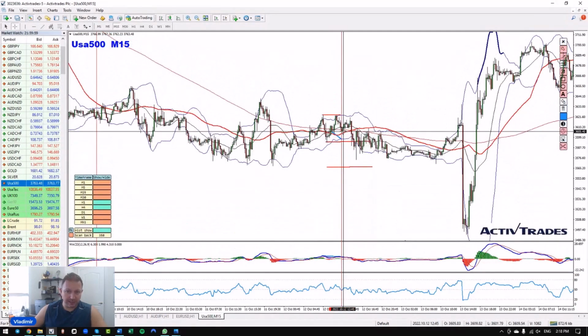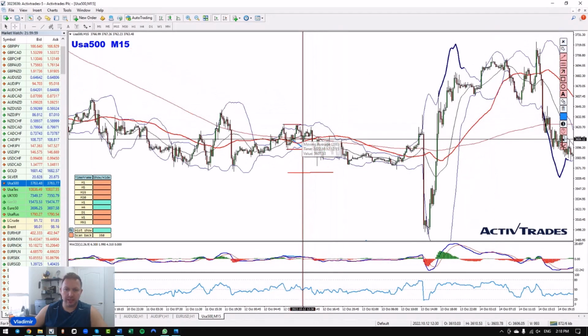The problem is that if I enter right here when the conditions complete and I protect above the most recent high, what will happen if I aim as a target to the first line, I would never get a good risk reward.